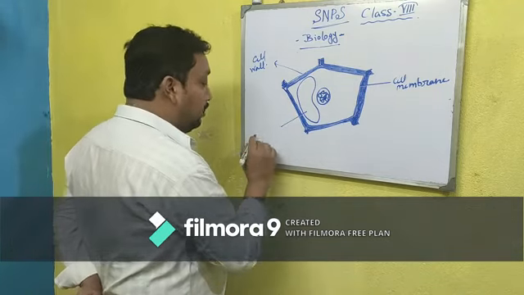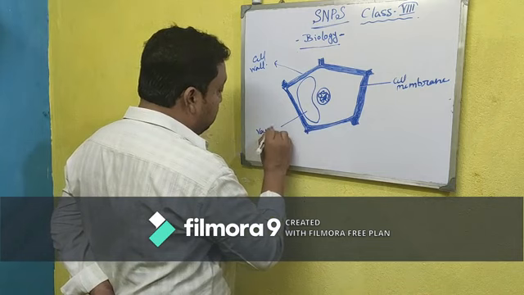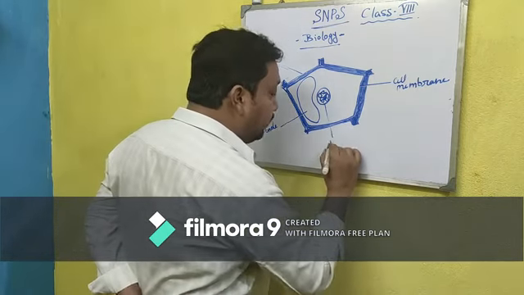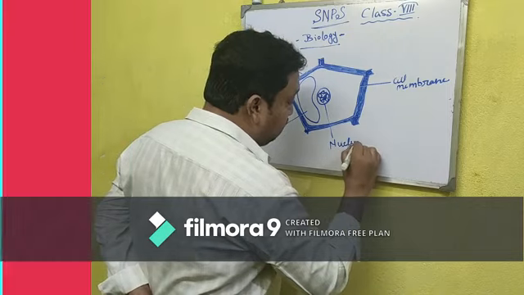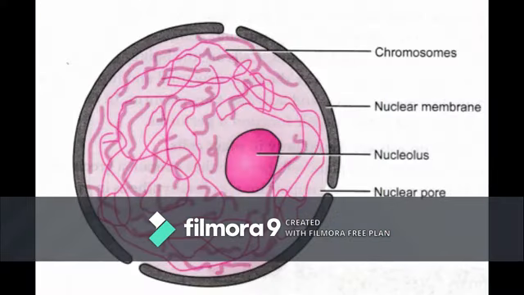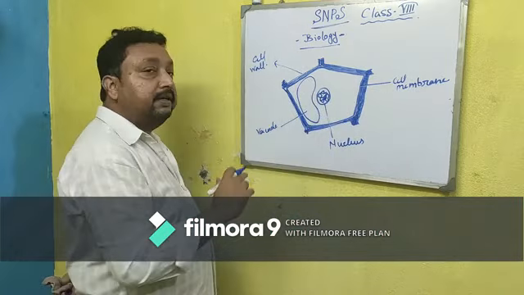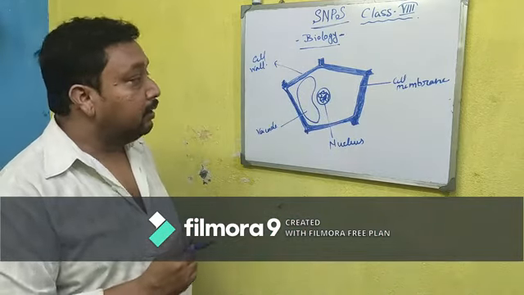This is called vacuoles. This is known as the nucleus, and the rest is called cytoplasm.